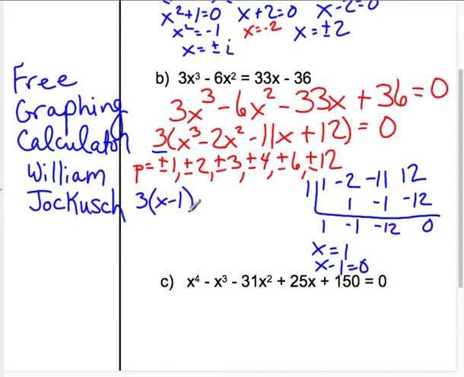And then remember we use the results from the synthetic division to get the coefficients of what's left after we factored out that x minus 1. So we drop a power on the cube: x squared minus x minus 12. Now we have a quadratic, so we can either continue factoring or use the quadratic formula to solve. This one does factor.